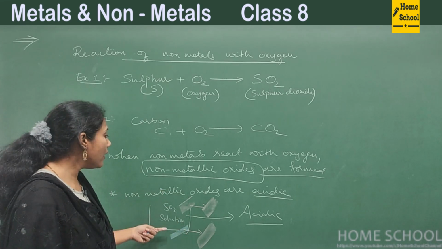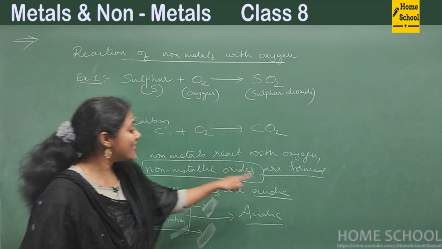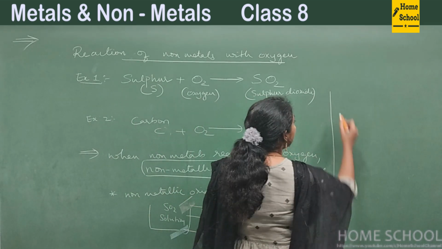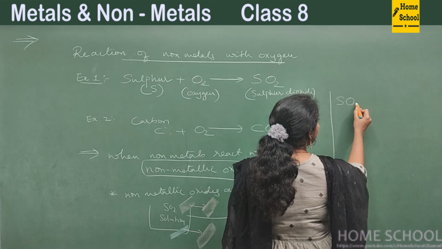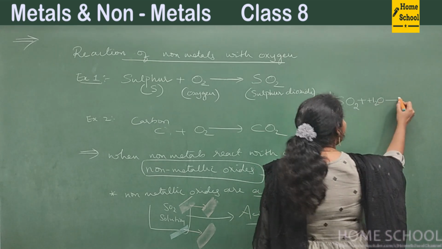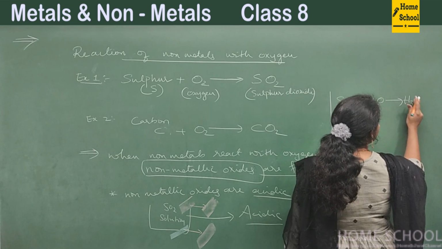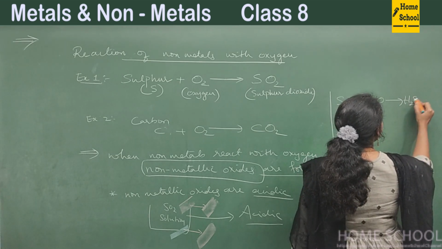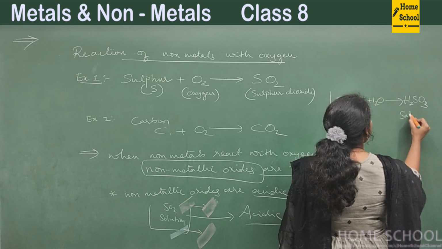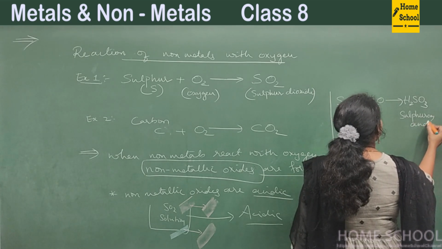So here all non-metallic oxides are acidic in nature. That is why, when I put sulfur dioxide in water, I will get one strong acid called sulfurous acid, that is H2SO3. What do you call this? Sulfurous acid, right?